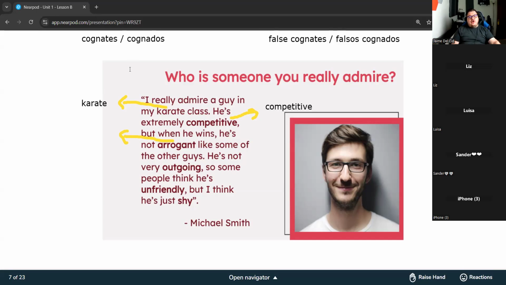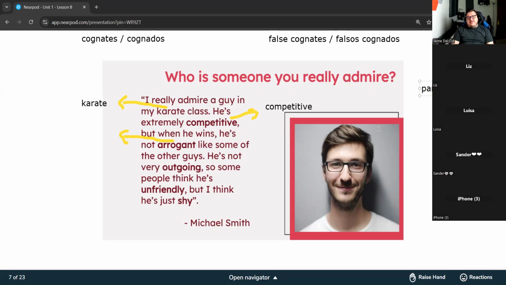Pero hay un peligro. Tenemos algunos cognados que son falsos cognados. Es decir, son palabras que parecieran tener un significado parecido porque se escriben igual o se escriben parecido, pero no son iguales, ¿verdad? Palabras como, por ejemplo, la palabra pen, P-A-N. Pen no es pan, ¿verdad? El pan que comemos, sino pen es sartén.